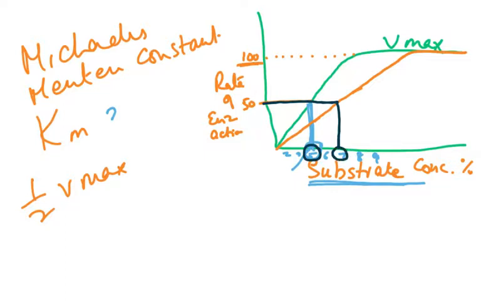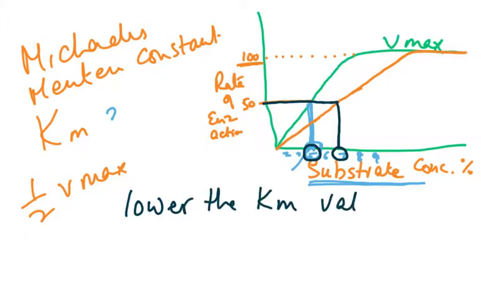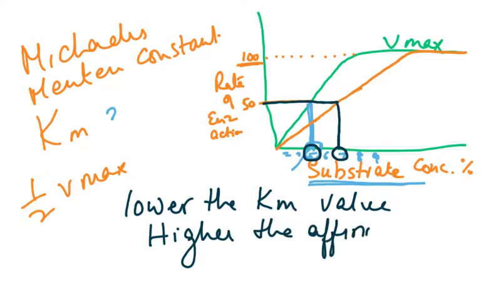So there's a very simple rule. We say the lower the Km value, higher the affinity. Basically, affinity means how much it is reacting, how quickly it is going to react with the substrate.